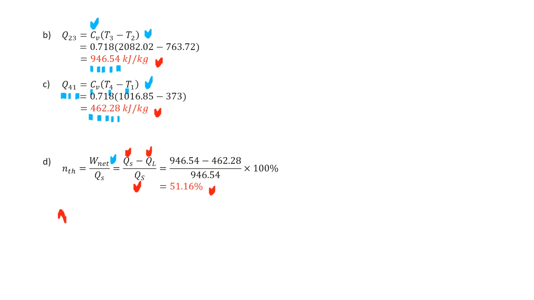Or you can also find out your thermal efficiency by using the formula of 1 minus 1 over rV to the power of gamma minus 1, which we have proven earlier. You can use this directly where rV is 6, given in the question as the volume ratio of 6 to 1. The gamma is 1.4 for air. So you can use this formula as well to find out the thermal efficiency. So now I erase it off.